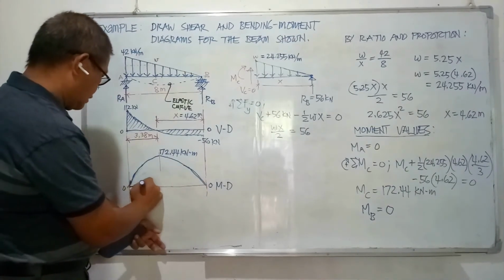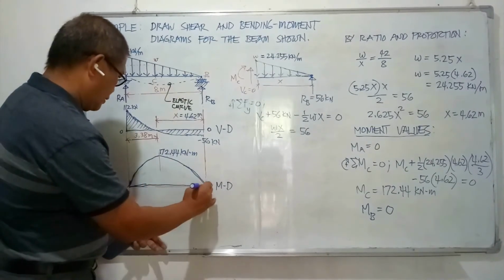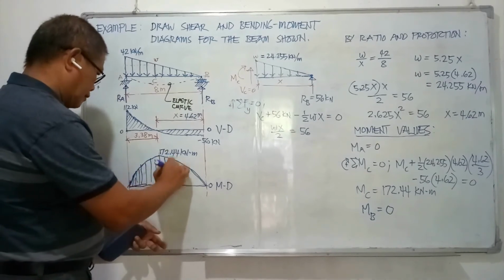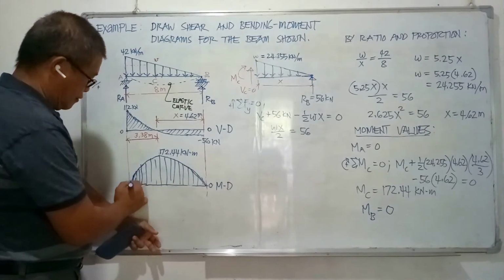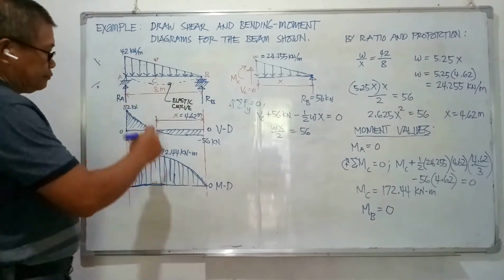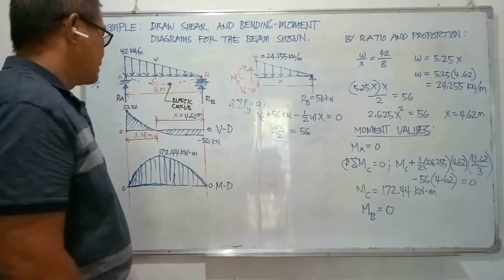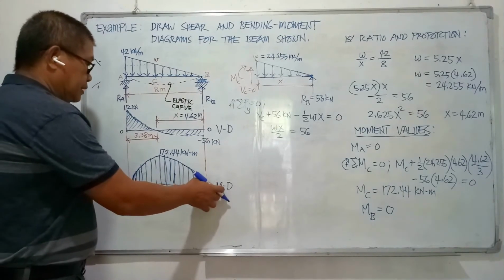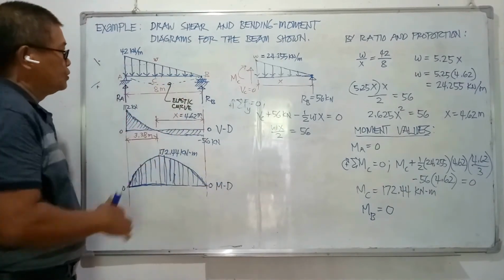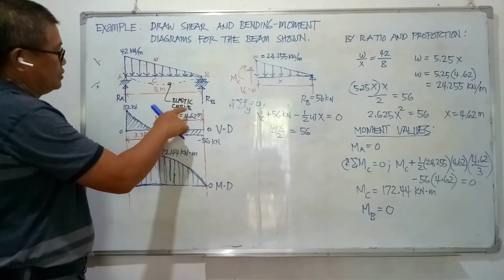So this is now the moment diagram. Maximum of 102.44 kilonewton meters.